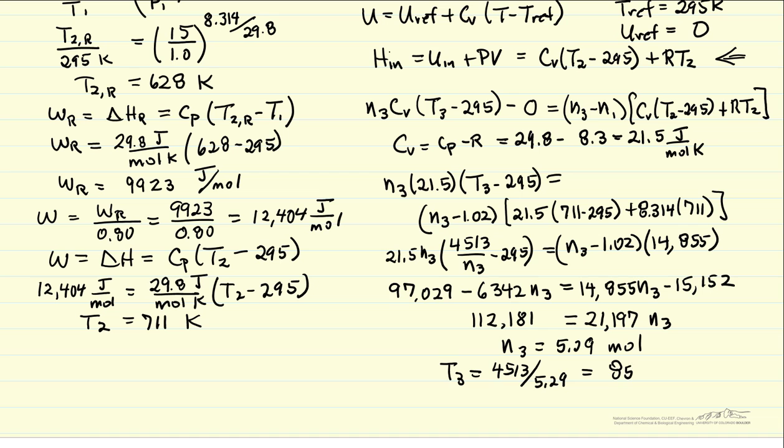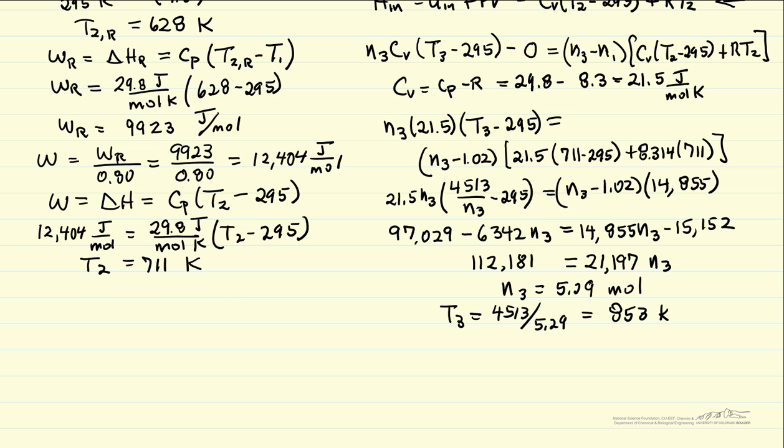So the final temperature in the tank is 853 Kelvin. Well, we want the total work into the tank. So the total work is going to be the number of moles that we flow through, which is N3 minus N1, times the work per mole, which we calculated at 12,404 joules per mole.